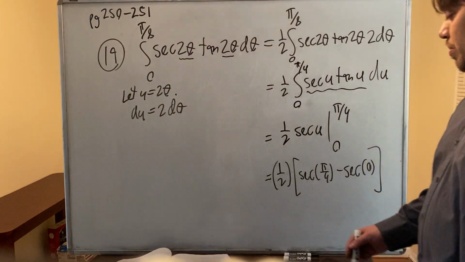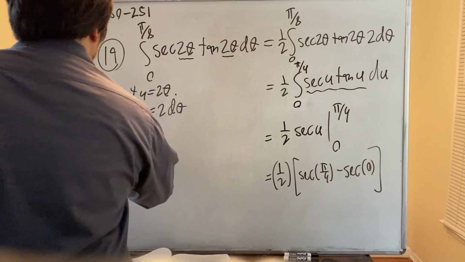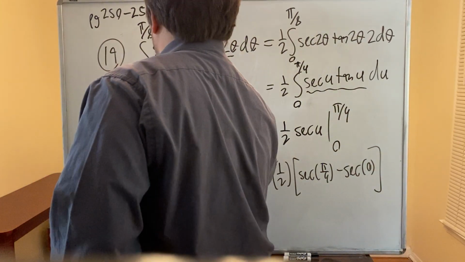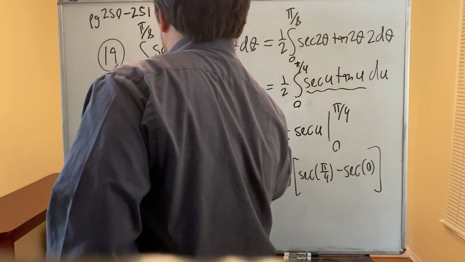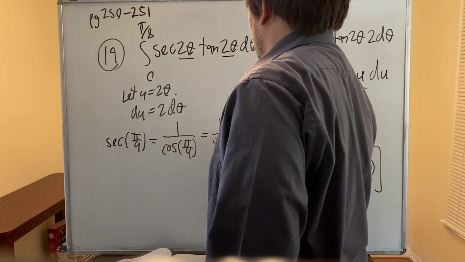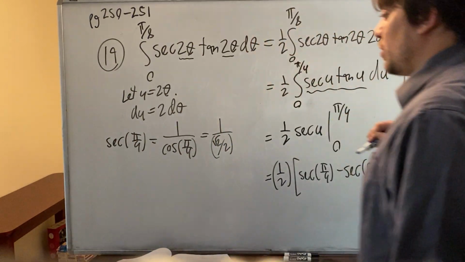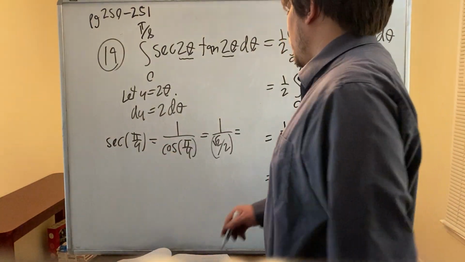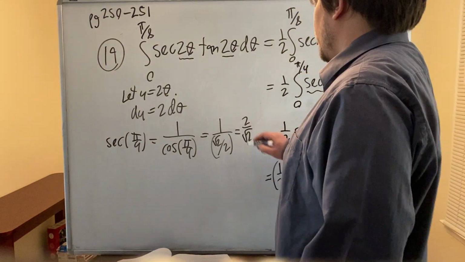And so what's secant of pi over 4? Secant of pi over 4 is 1 over cosine of pi over 4. And cosine pi over 4 is root 2 over 2. Right? So you have to know how to evaluate trig functions. So that means that secant of pi over 4 is 2 over root 2.